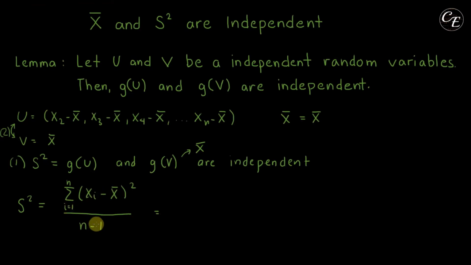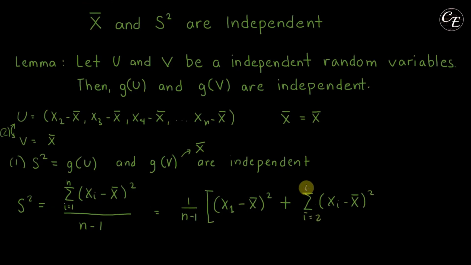We have 1 over n minus 1 times the first term, which is i equals 1, x sub 1 minus x bar squared, plus the remaining terms, which is the summation of x sub i minus x bar squared from i equals 2 to n.